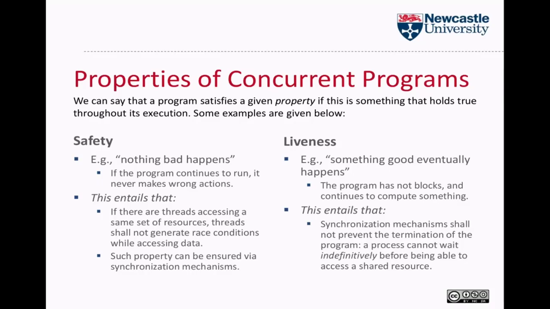Just something very applied. Therefore, you have two properties independently from the multi-threadedness, whether you have a concurrent program or a sequential program. Either way, you have safety guarantees, which means nothing bad happens. That is, if the program continues to run, then it never makes wrong actions.